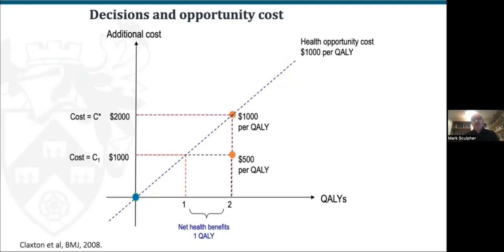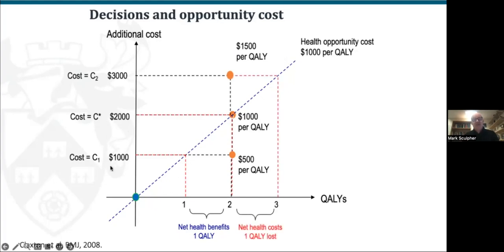And then let's look at a third situation where the cost is even higher. And now, because of that additional cost of $3,000 per patient, more than existing care, the opportunity costs for other patients are higher. They're 3 QALYs per patient treated, which means we actually have a negative net health benefit associated with this treatment.